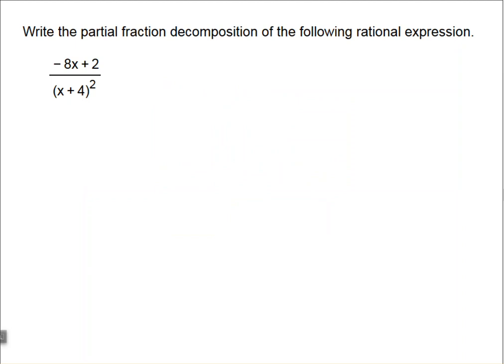Okay, so with this one we want to write the partial fraction decomposition of negative 8x plus 2 over x plus 4 squared.